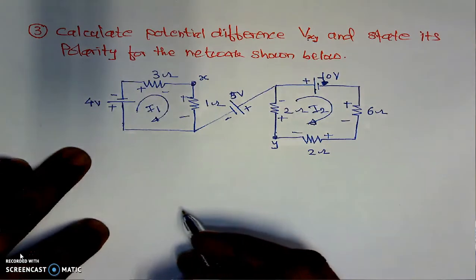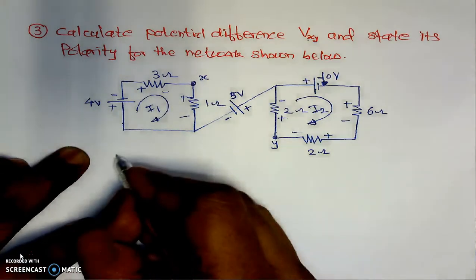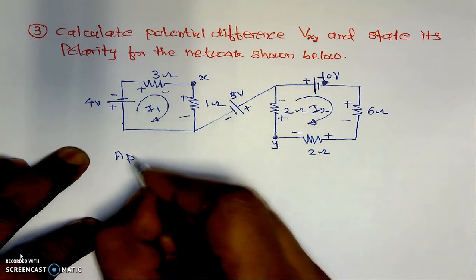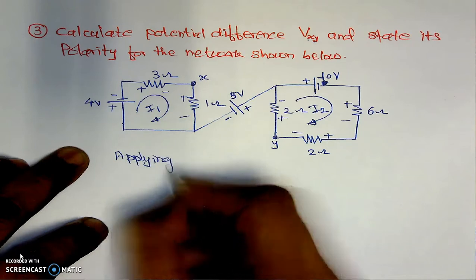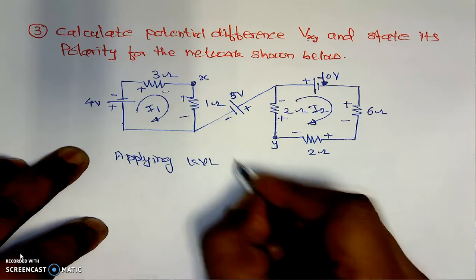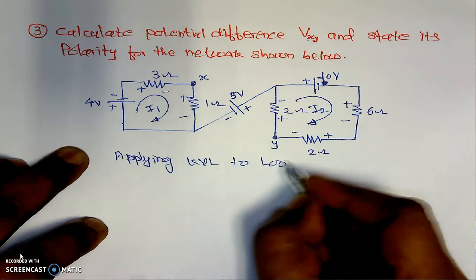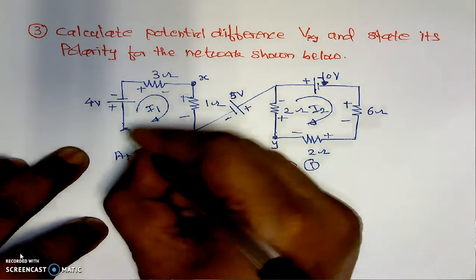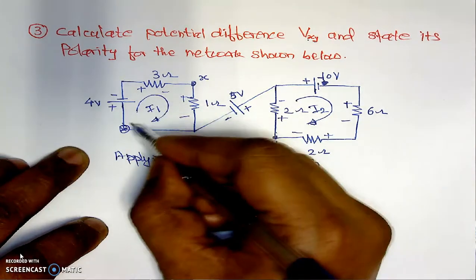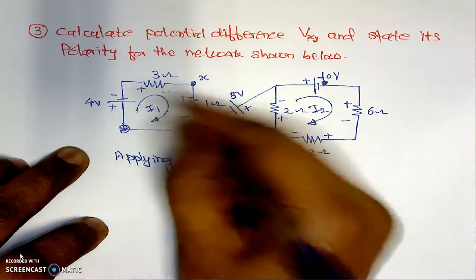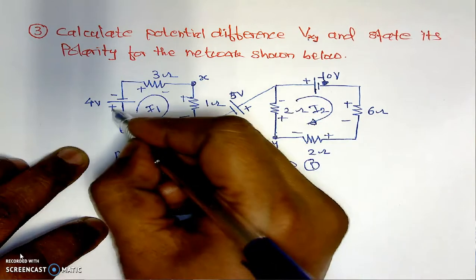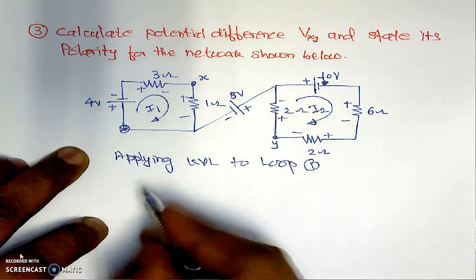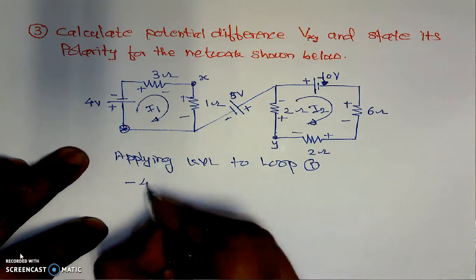Now here, we will start by applying the KVL to loop number 1. Applying KVL to loop 1, we will travel from this corner, in the clockwise direction again. Traveling in the clockwise direction, positive to negative, which is minus, this is minus 4.